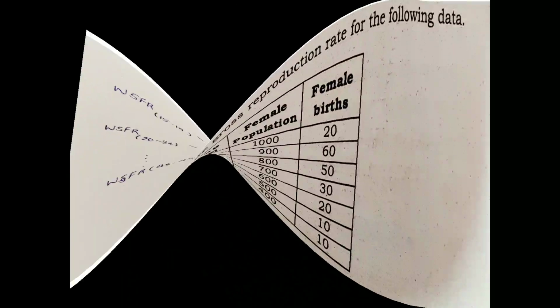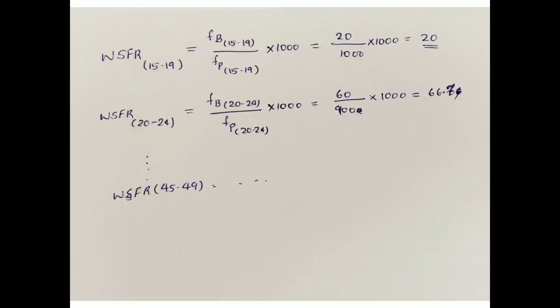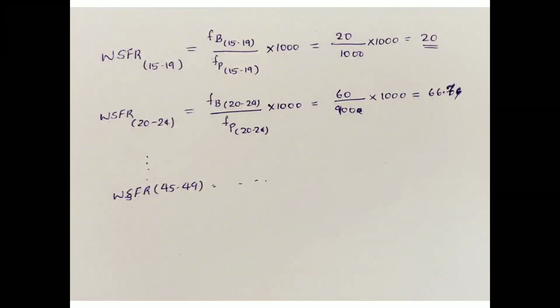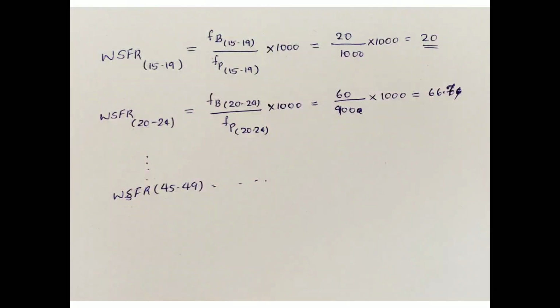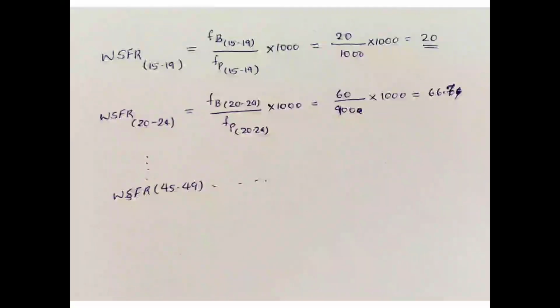Let us see. WSFR for the age group 15 to 19 is equal to female births 15 to 19 divided by female population 15 to 19 into 1000. Female births from 15 to 19 is equal to 20, and female population from 15 to 19 is equal to 1000.